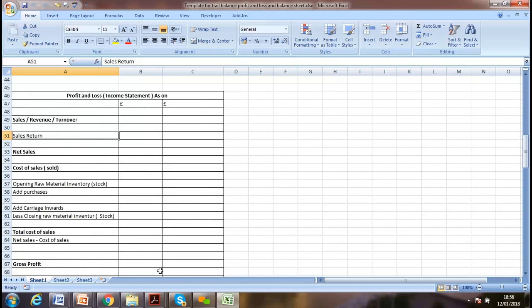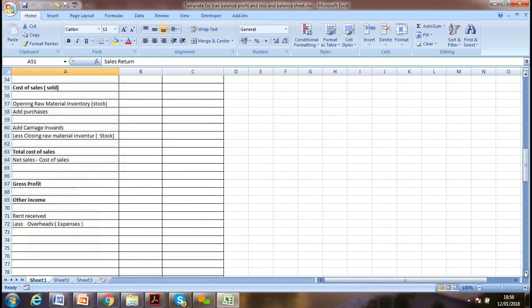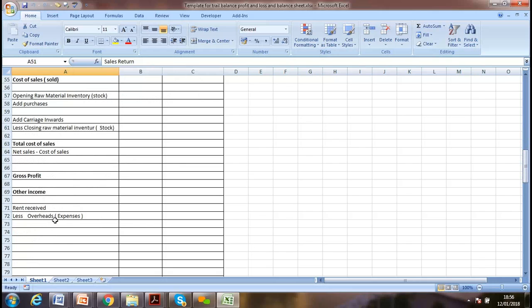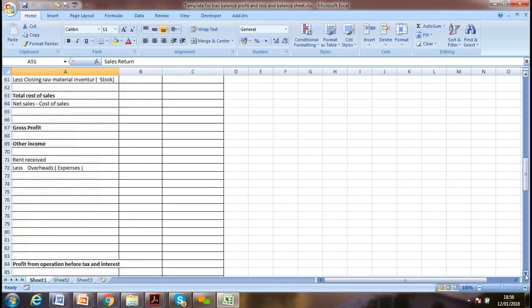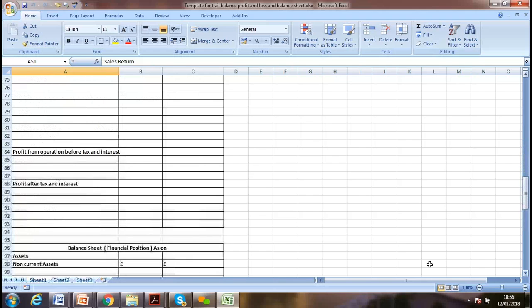If you minus it from your sales value, it becomes your gross profit. And then if we have other income, and less all other expenses, you will get the profit for the year, which has already been explained. Before tax, if we have a tax, we can minus it, and it becomes net profit after tax.